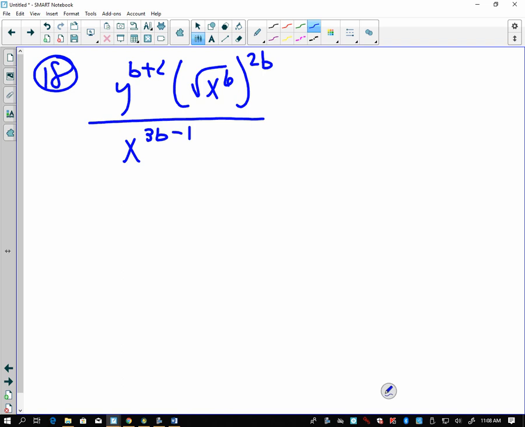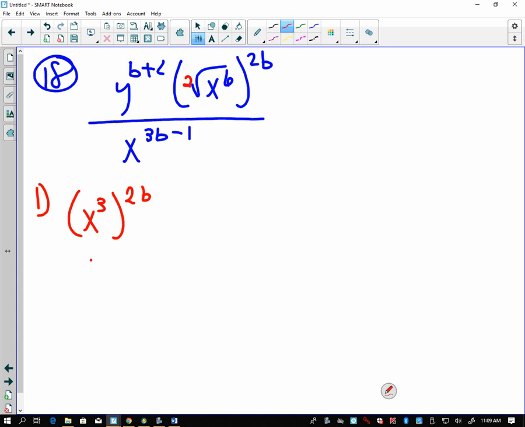I'm going to go ahead and simplify the square root of x to the 6th, right? So first thing, I'm dealing with that. The square root of x to the 6th is x cubed, right? Because that's 6 divided by 2, because there's a 2 there. All right, so I get x cubed to the 2b, right? What do I do with those exponents? Multiply or add?